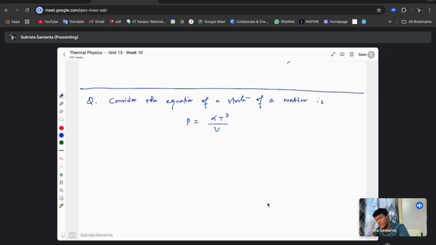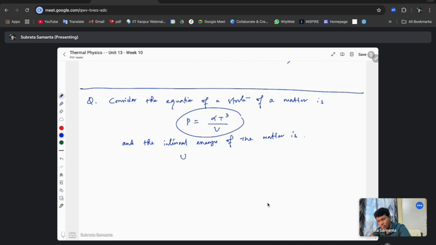This is the equation of state, how P, V, T are related, P equals alpha T cubed over V. And the internal energy of the matter is U of T, V, which is A T to the power N ln V over V naught plus f of T, some function of temperature.